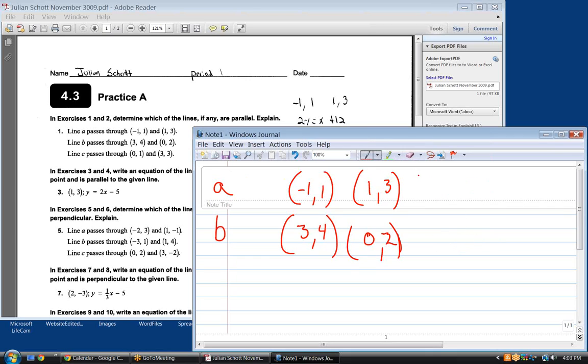Slope is y sub 2 minus y sub 1, the change in y divided by the change in x. In the first one, that meant (3 - 1)/(1 - (-1)), which was 2/2, or 1. What is it in this case? What is y sub 2 minus y sub 1?